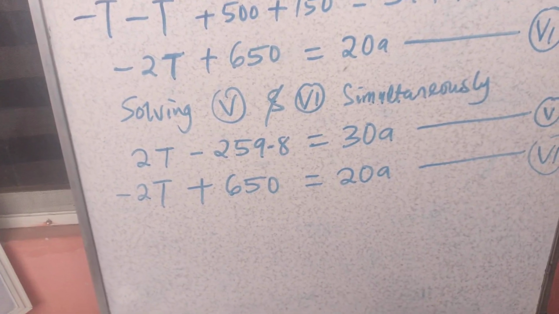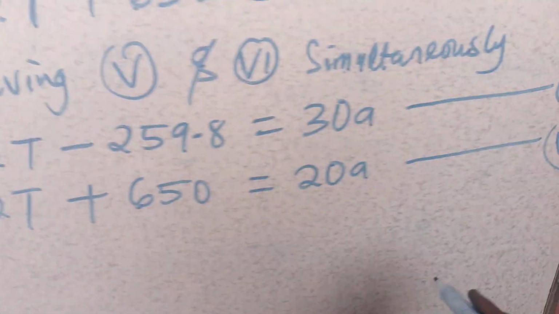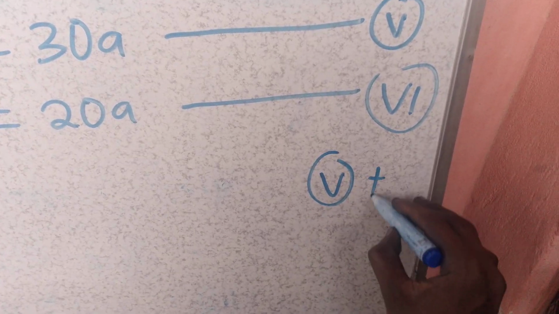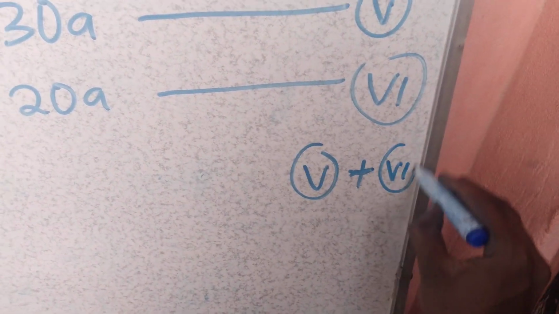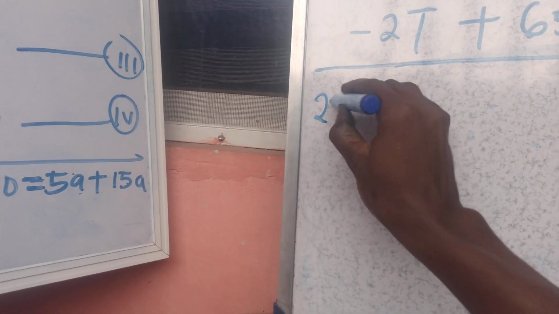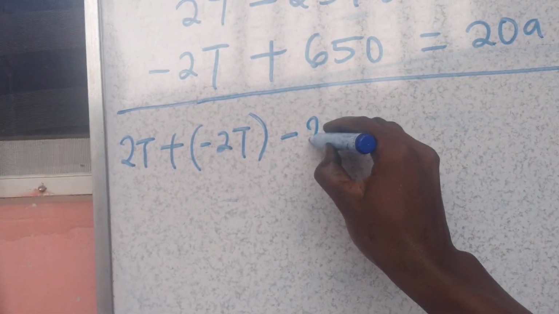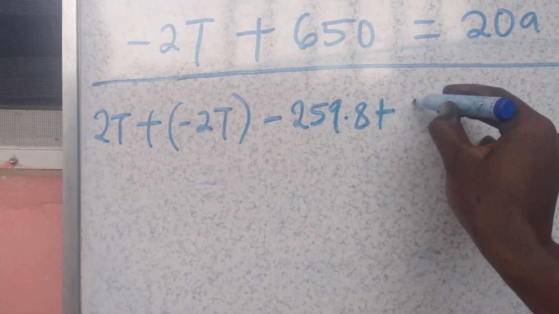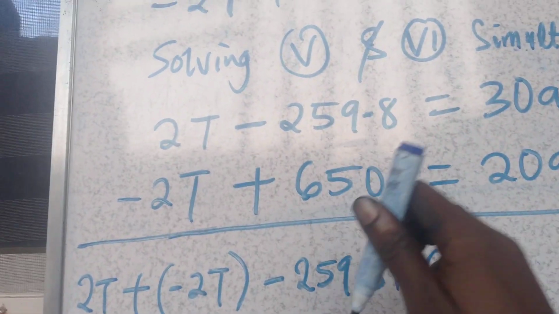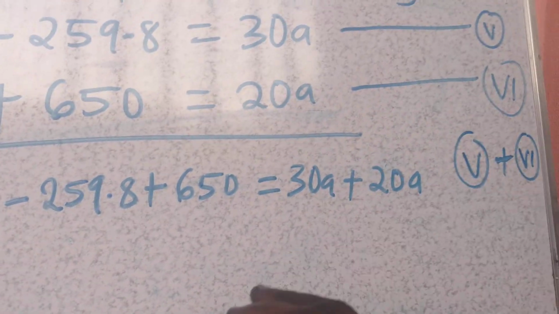Okay, the next thing we'll do is just to add the two equations, equation 5 plus equation 6. That will give me 2t plus minus 2t, then minus 259.8 plus 650, equals 30A plus 20A.